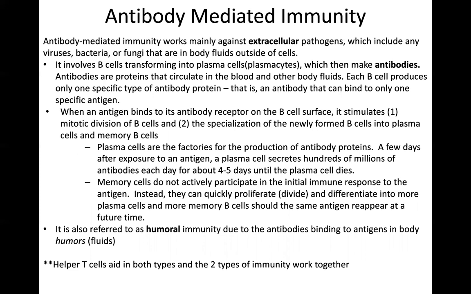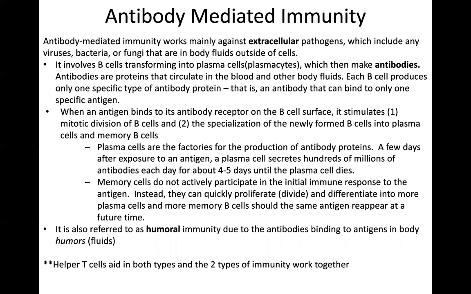Once again, it involves B cells becoming plasma cells, or plasmacytes, as you'll sometimes see them listed, which then make the antibodies. We haven't talked too much about antibodies, but we have mentioned them a time or two. We will talk about them more in just a second, but they are proteins circulating in our blood and other body fluids. Each B cell produces only one specific type of antibody protein, which means an antibody that can bind to only one specific antigen.